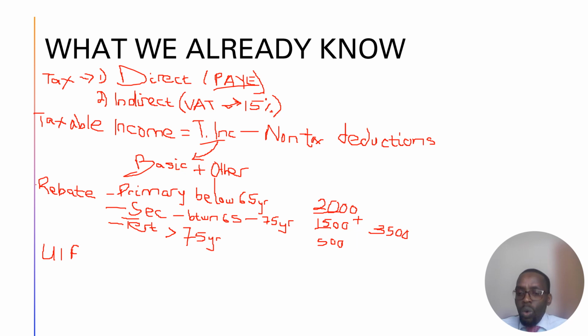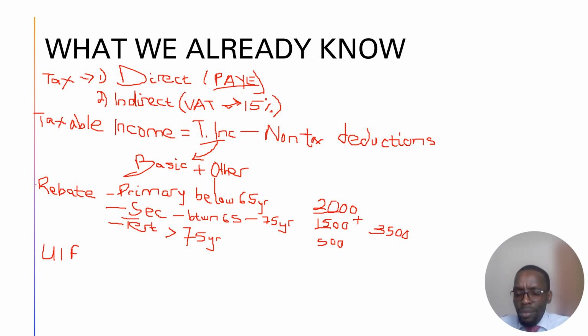So on the pay slip, when calculating your UIF, you are using 1% because you are preparing it from the angle of the employee, the worker. But sometimes you can be asked in the exam to calculate the UIF contribution that has been paid to the revenue collectors.